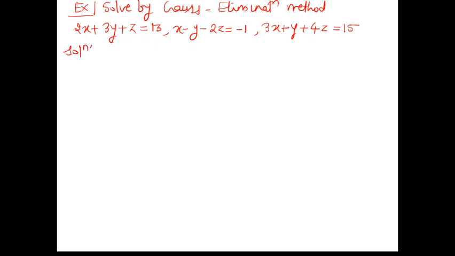So according to the first step, we will write this system of equation in a matrix form. We know very well how to write system of linear equation into matrix form. We have studied this in lower classes.